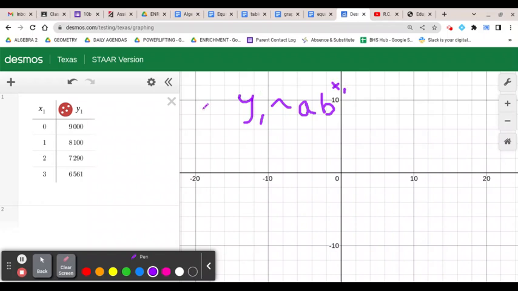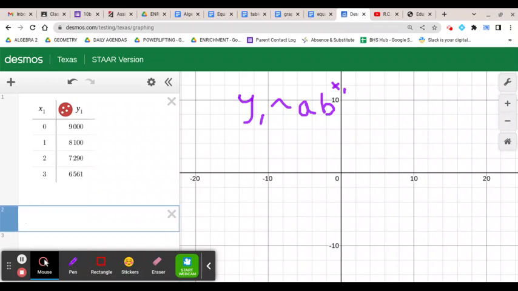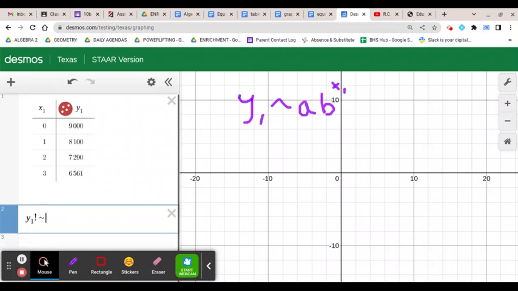Now, the Y1 and the X1 are important, ladies and gentlemen, because, y'all see our table has X1 and Y1 up here? We need our equation to have X1 and Y1 because our equation needs to pull from this table right here. You guys with me on that? So when we go to the second row, we're going to type Y1, squiggly, which you have to hit the shift button for.